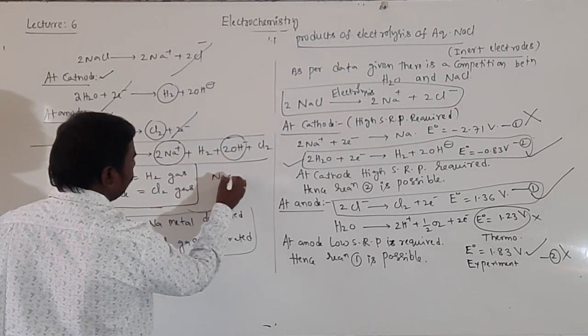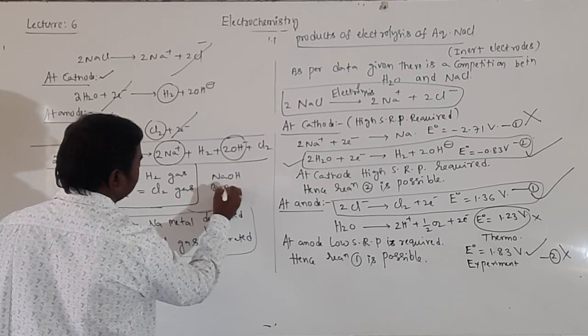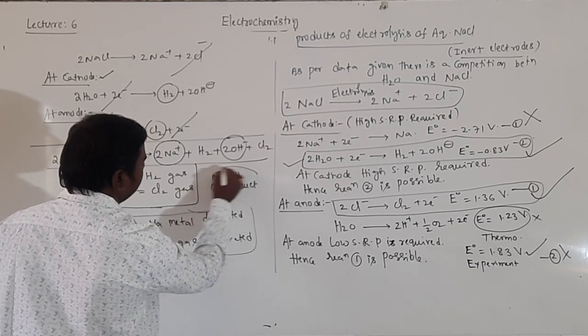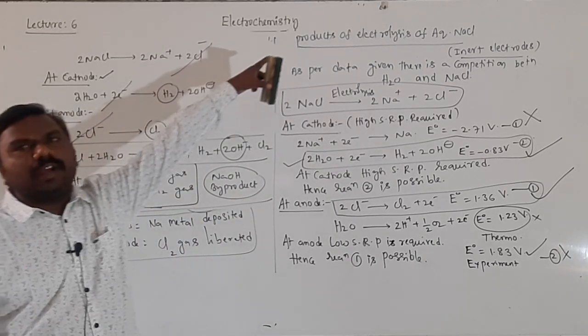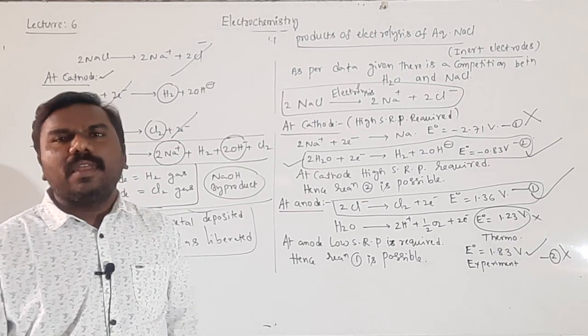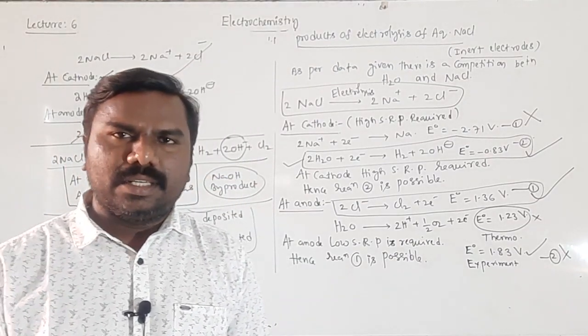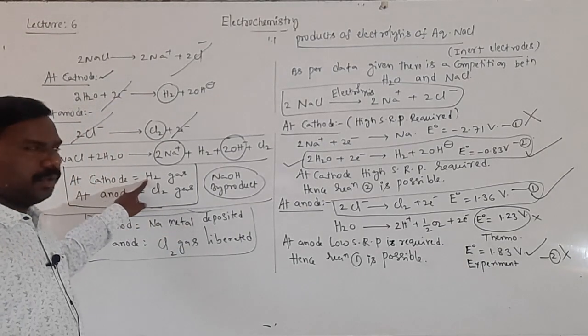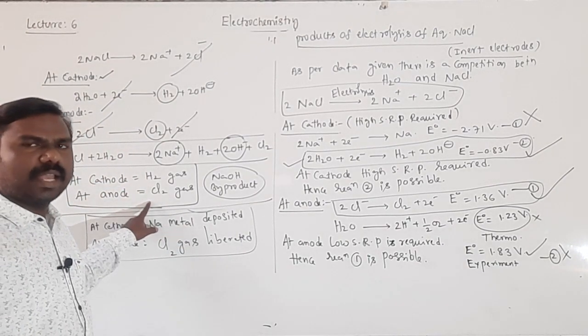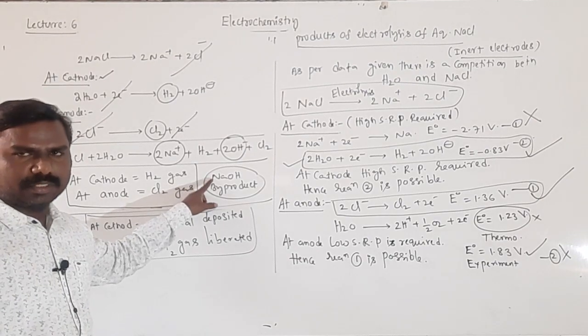NaOH. NaOH is the byproduct. This is for the products of electrolysis of aqueous NaCl. The products at the cathode, hydrogen gas; at the anode, Cl2 gas; the byproduct is NaOH.